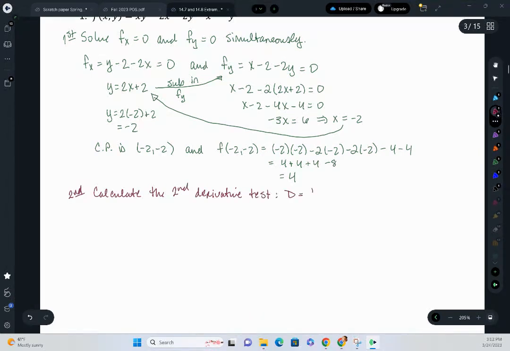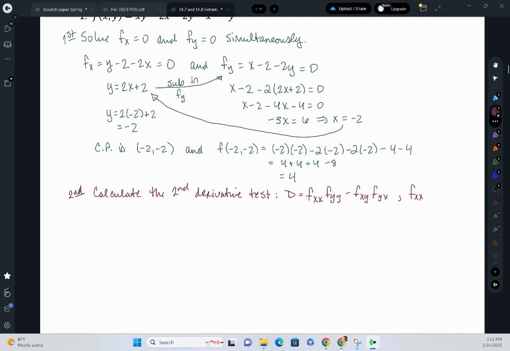I want big D, which is equal to f sub xx times f sub yy, minus f sub xy times f sub yx. I need to know the sign of that, and then I also just need to know the sign of f sub xx. All right, so I'm going to calculate those.